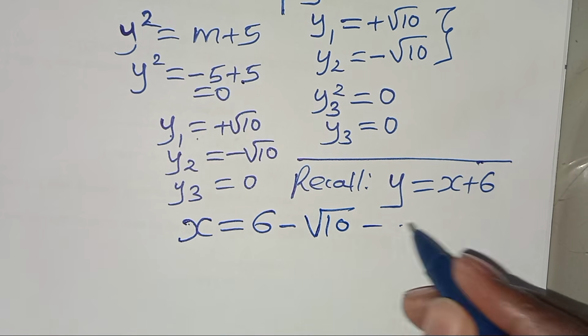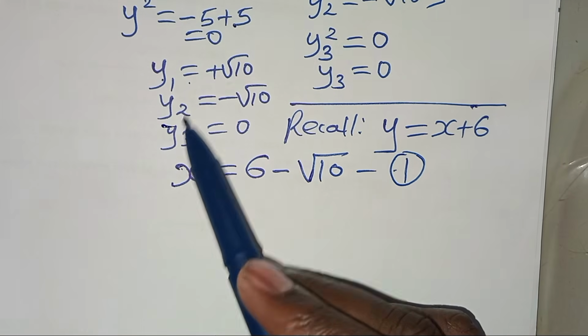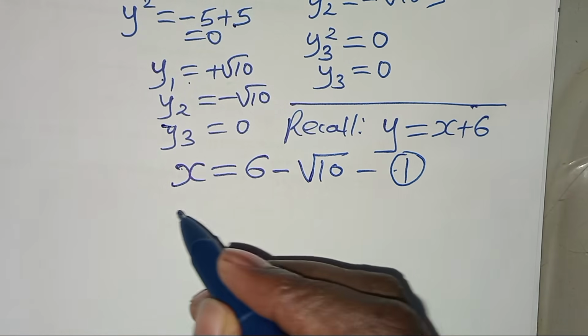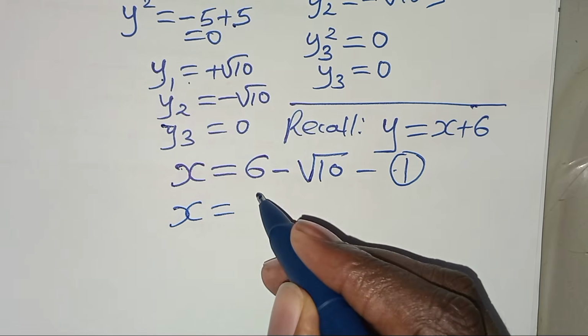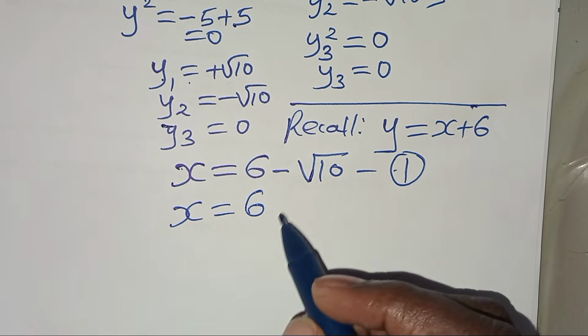So this is the first value of x. Now, if you check y2, you'll have the value of x as 6.